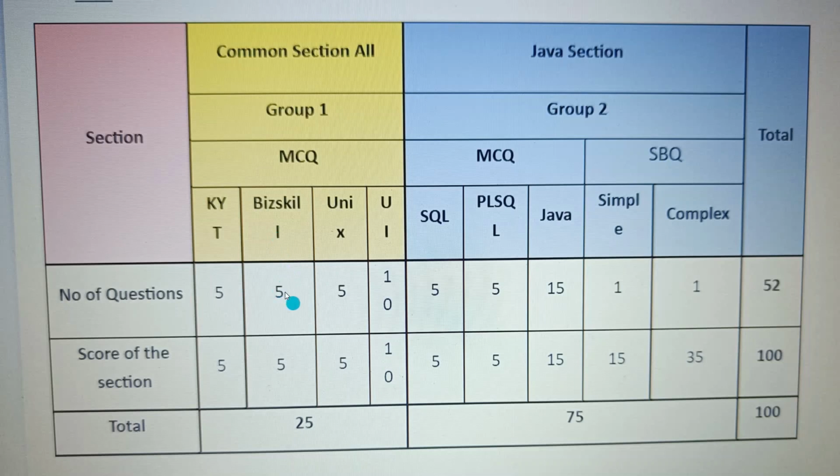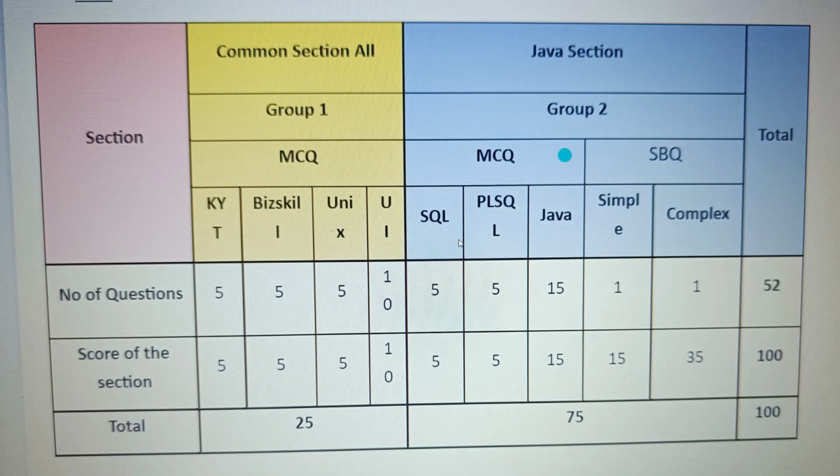Business skills also has 5 questions. Unix has 5 questions. In the UI section you will see HTML, CSS, JavaScript combined, and 10 questions will be asked in this section.